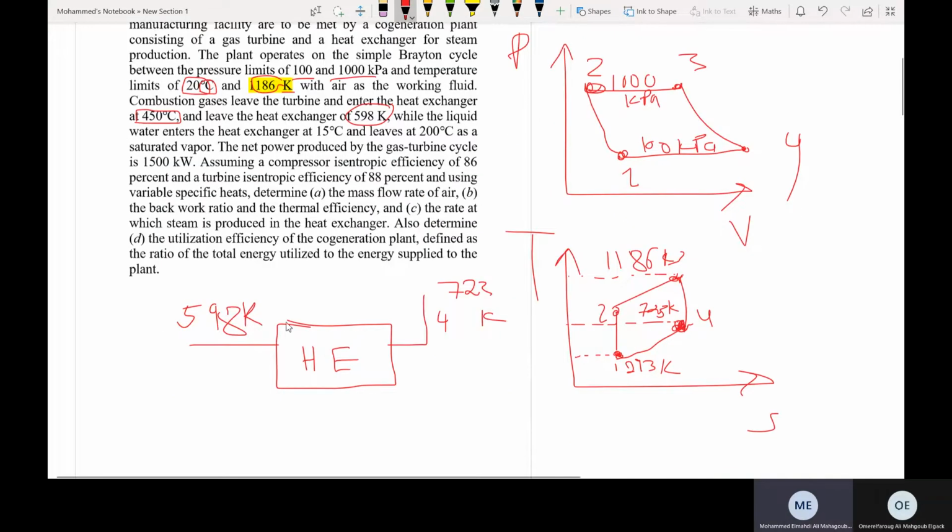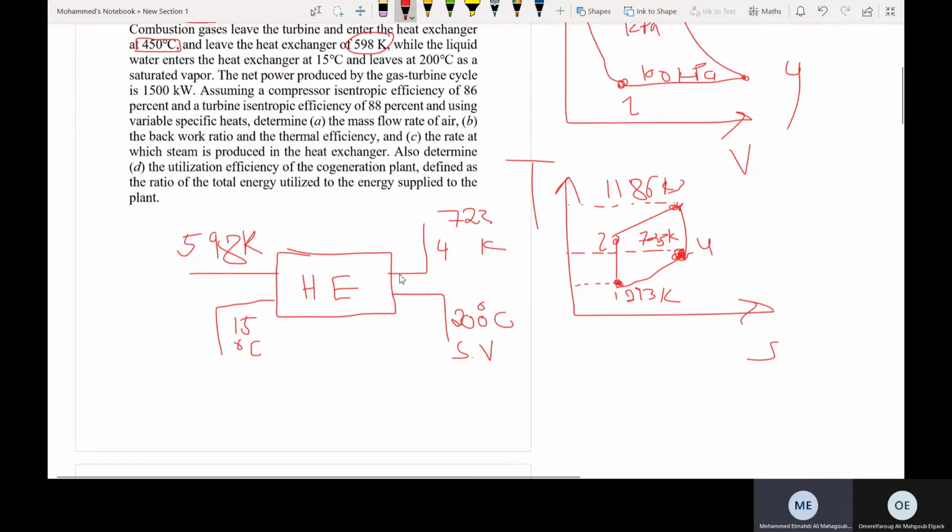And from here we have a water flow that will enter at 15 degrees Celsius. We don't know the state, and it will leave at 200 degrees Celsius as saturated vapor. And of course, we know that in heat exchangers each flow will operate at the same pressure, because the heat exchanger cannot raise the pressure of the fluid.